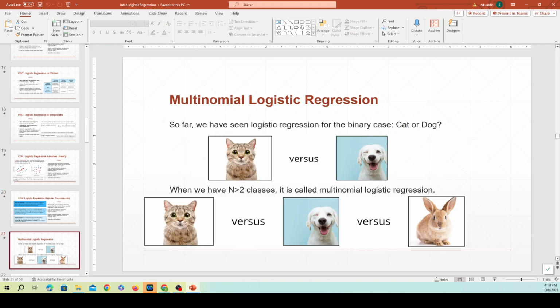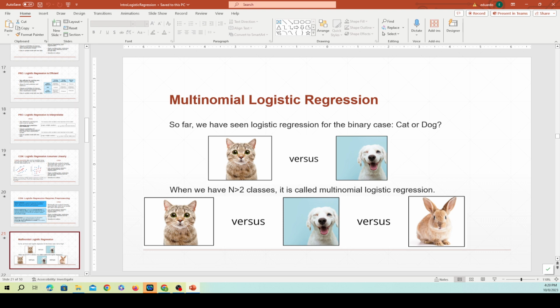So logistic regression is not just binomial classification; it's actually multinomial logistic regression. We can do more than just classify a dog versus a cat. We can classify multiple classes, and the way we do it is by doing a permutation of each one.